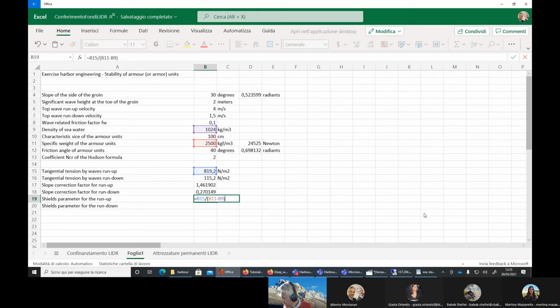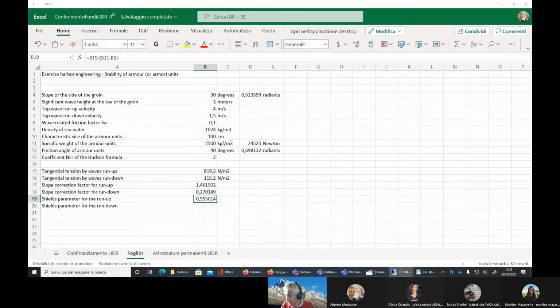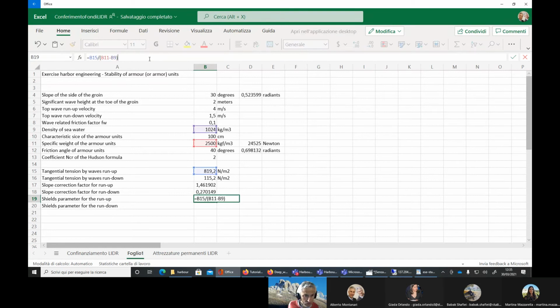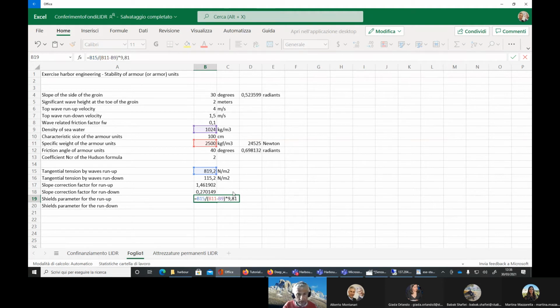Then I need to multiply here. Sorry, let me complete the formula. Okay, this is to be multiplied here, put it in Newton, times 9.81. Okay, and then I have to divide it.